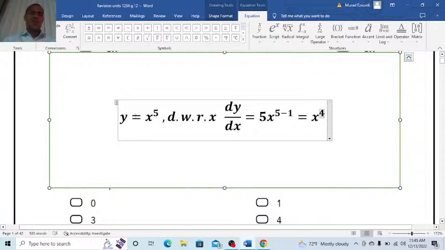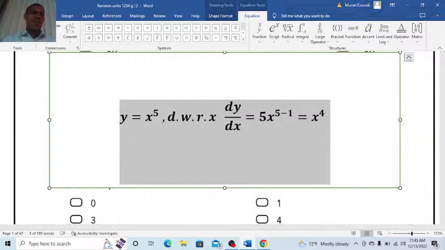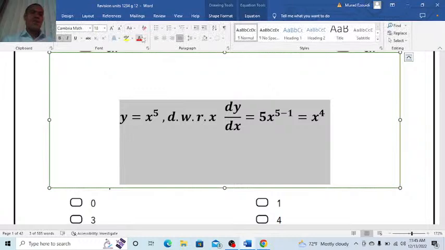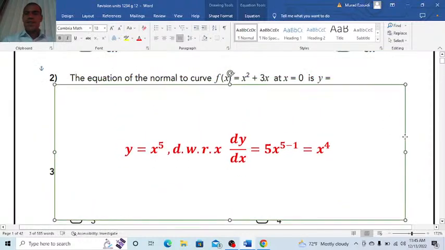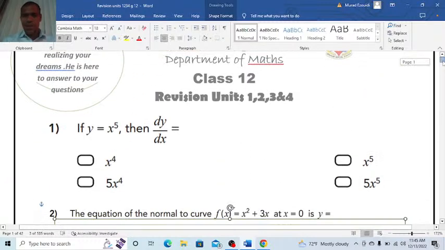This is the answer of question number 1. Now if you can see the answer comes up, in your opinion, what is the correct answer here? Is it x to the power 4?